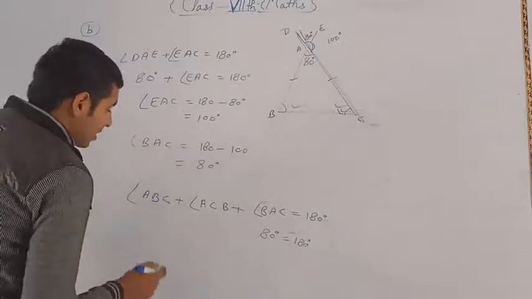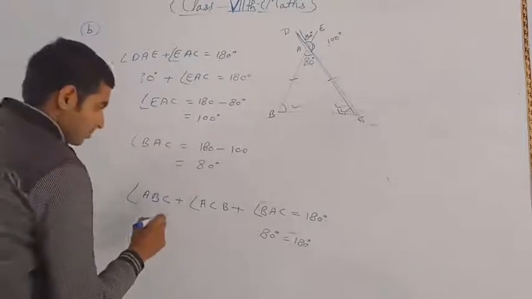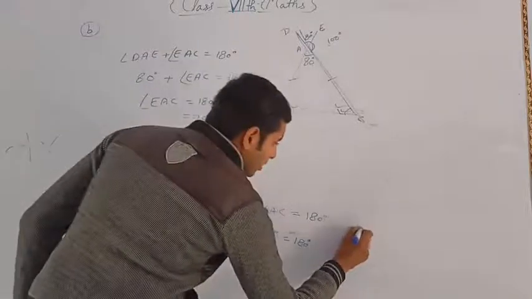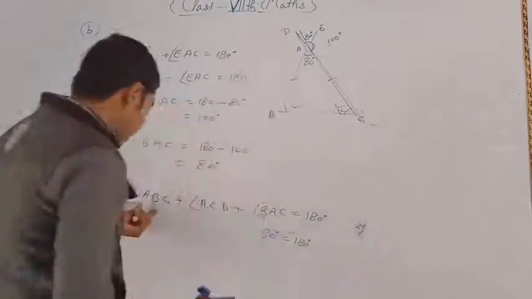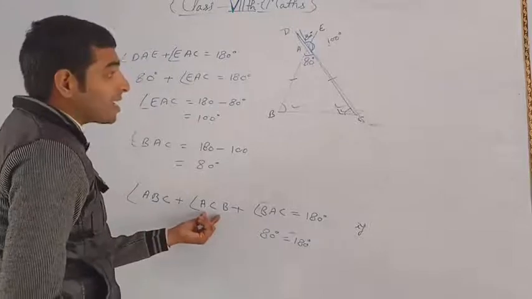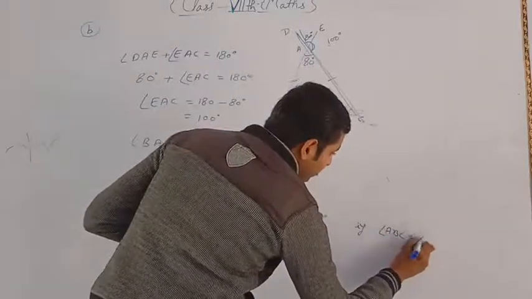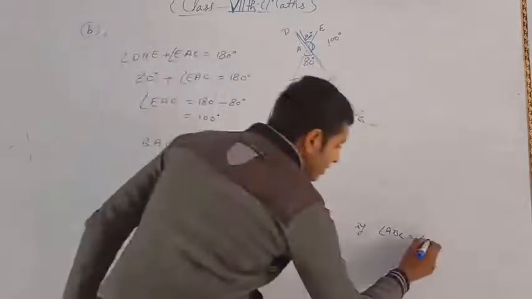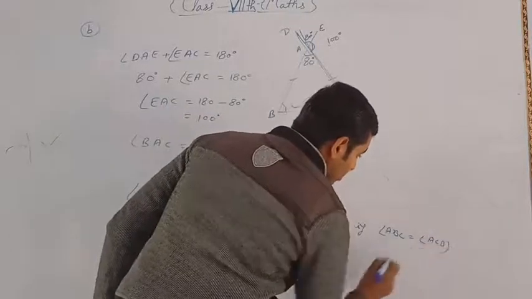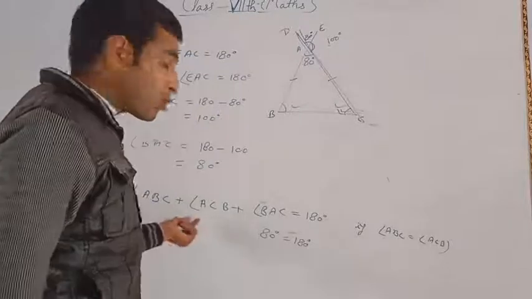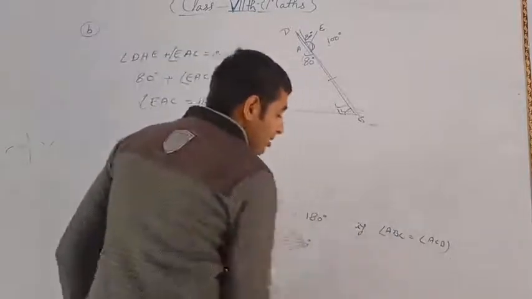So we suppose that here we have to write, if angle ABC is equal to angle ACB. Why is this equal to this?